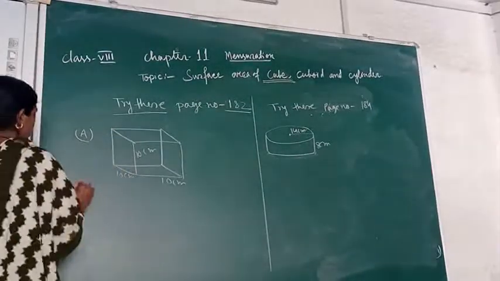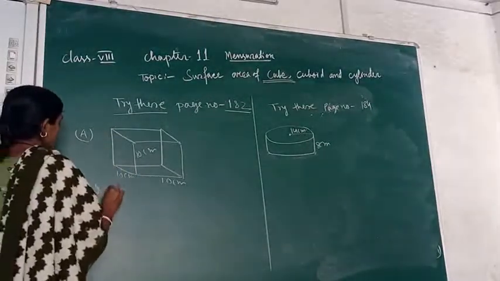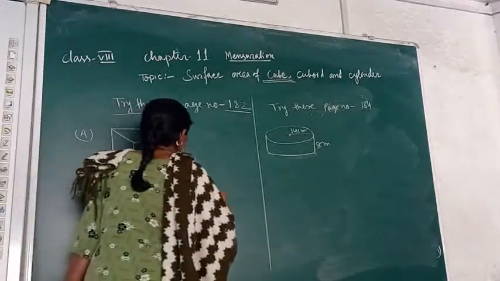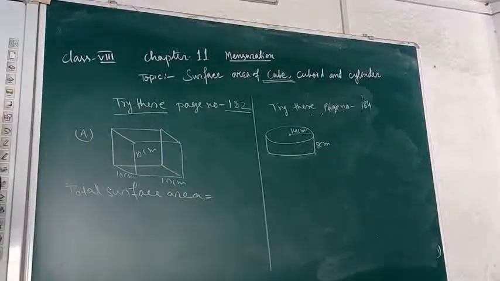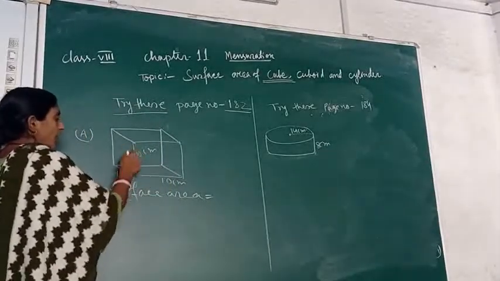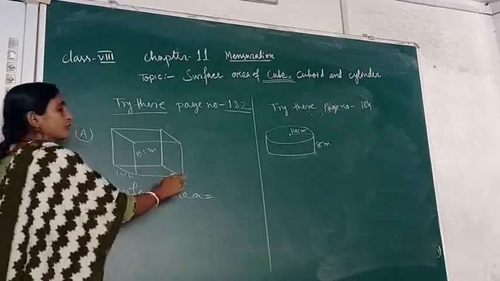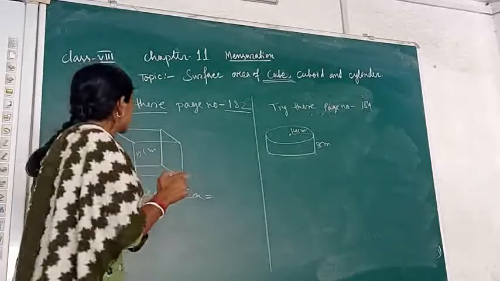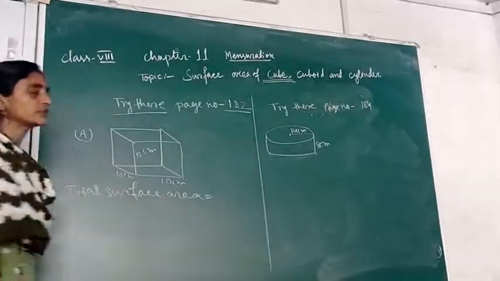What will the total surface area be? First you go for the parameters given here. All the sides, that means the height, length, breadth, everything has been given as 10 cm. That means it is cube in shape. So if it is cubic in shape, it has 6 faces.